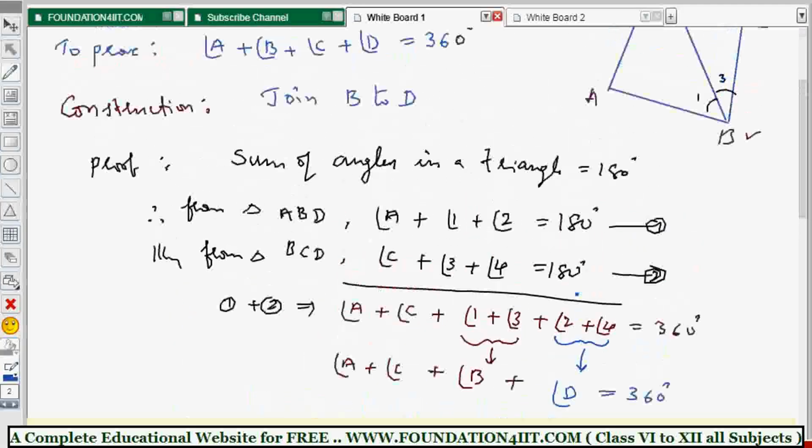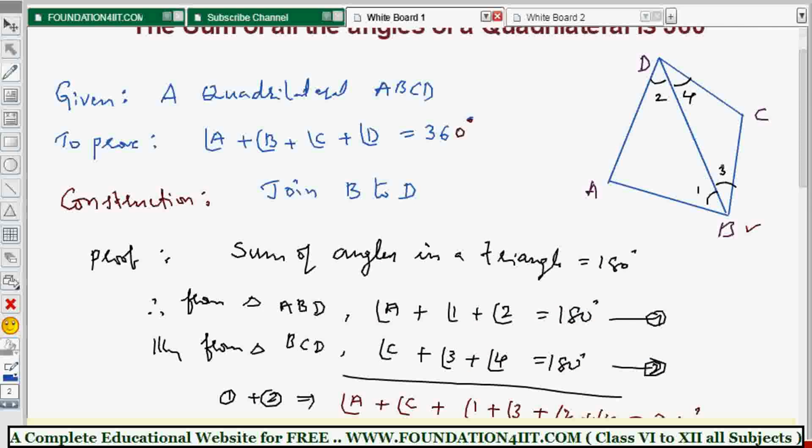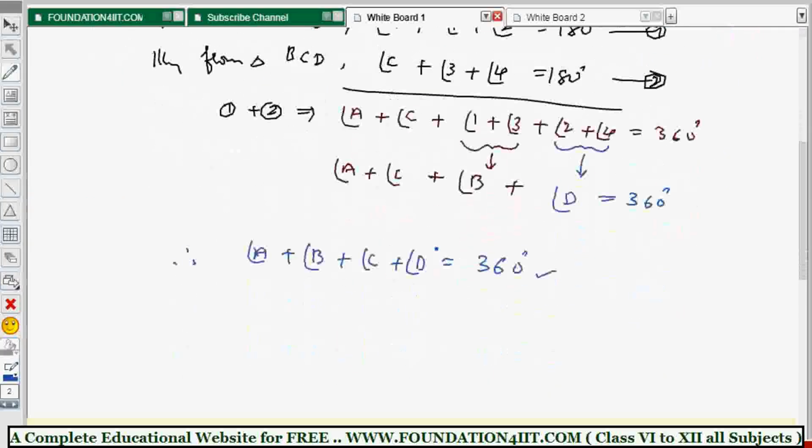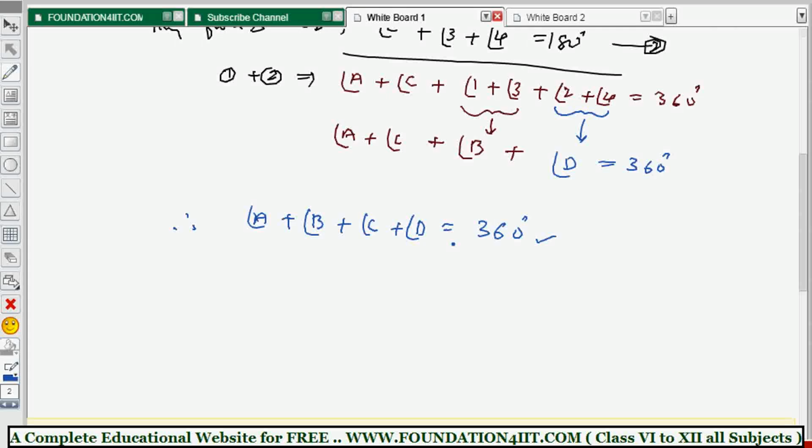So 1 plus 3 is B, and 2 plus 4 is D. We take separate triangles just to add the two equations, and we get the sum of the four angles of a quadrilateral is 360 degrees.